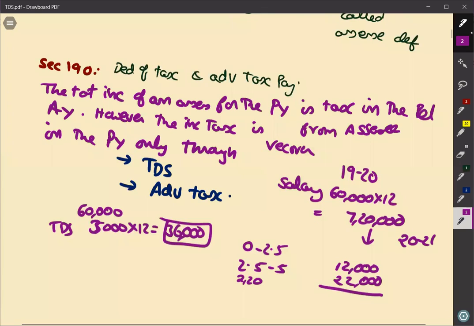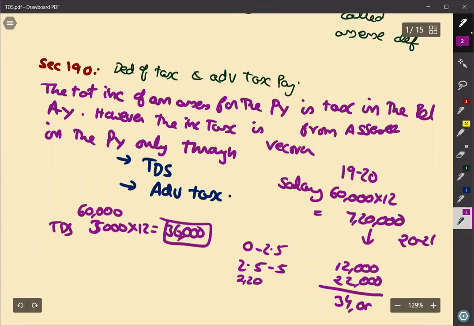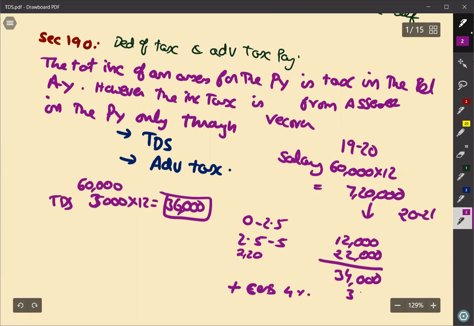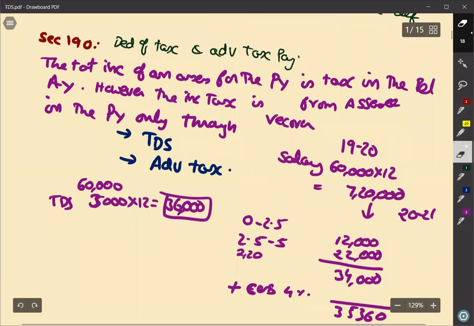The total tax liability is coming to 34,500. On this, I need to add a cess component, health and education cess of 4%, which comes to 1,380. So 35,880 is the total, inclusive of your cess component.